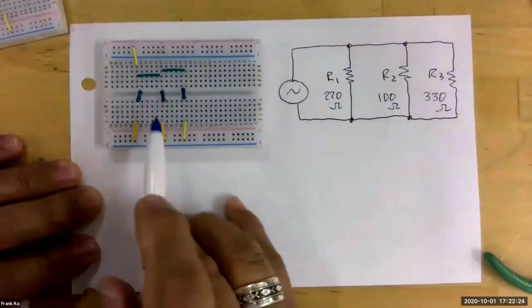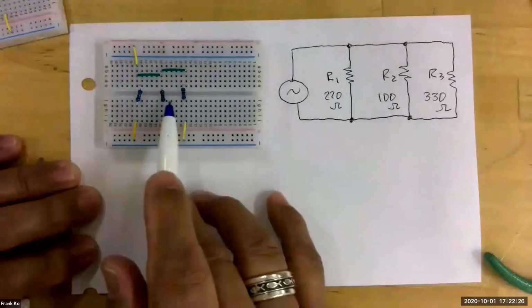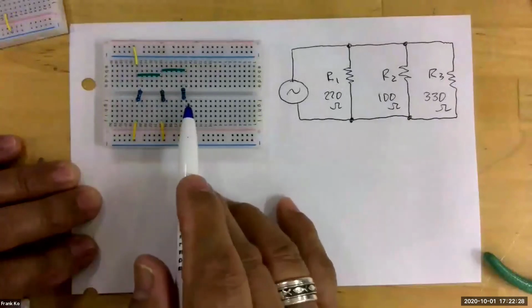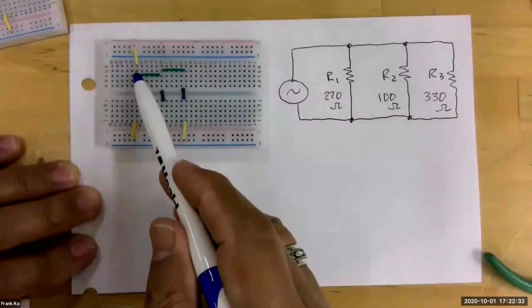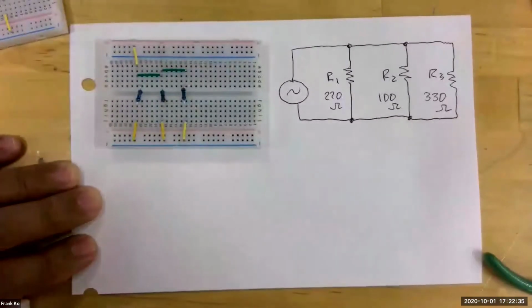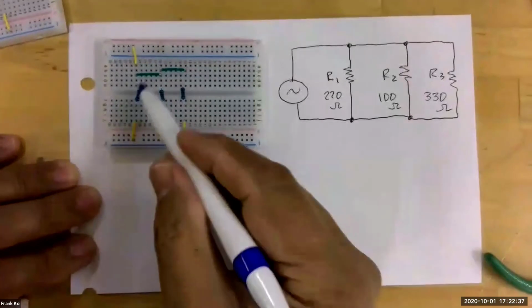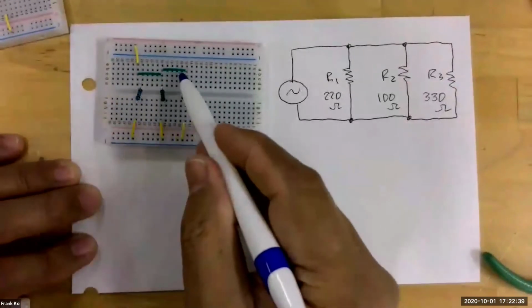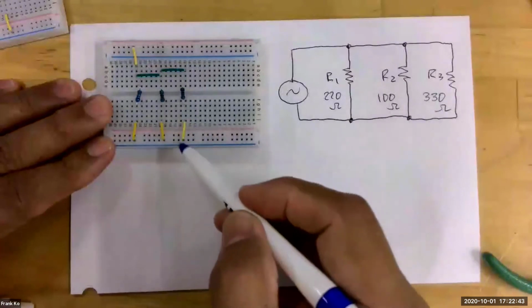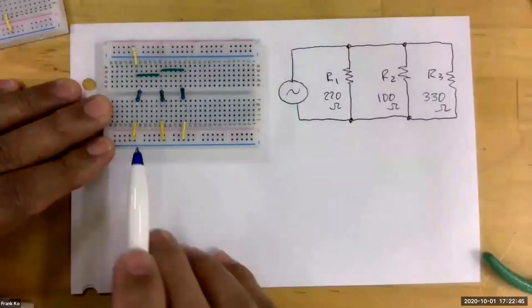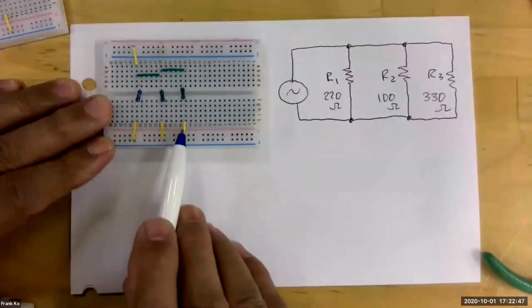We would have R1 of 220 ohms, R2 of 100 ohms, R3 of 330. We're going to have one leg jumping from the positive rail to this point, and we're going to bring the top of these connected together using the jumpers, and then each one of these going to ground. So this will give us measurement points for current, yes?